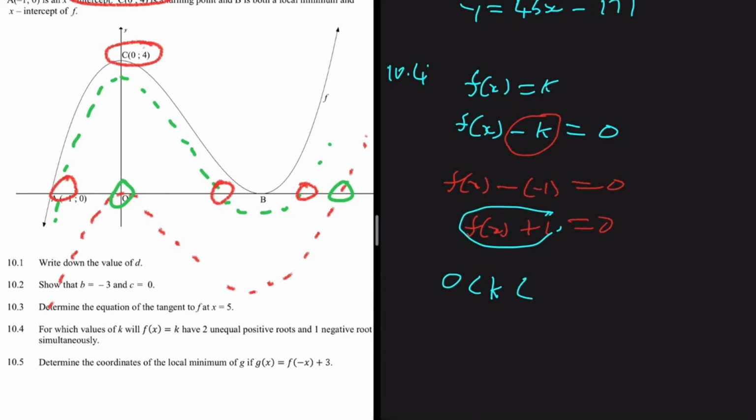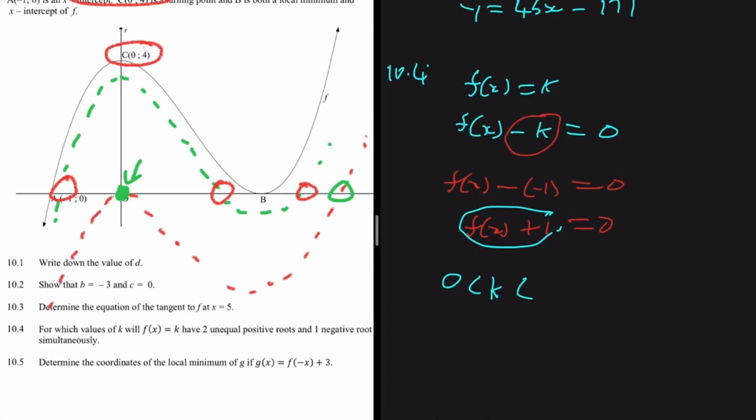But then, like I said, we need a limit. We cannot just move the graph infinity units down. The situation we were talking about here, when we have a neutral root and one positive root, occurs when k equals 4, when we move our graph 4 units down.